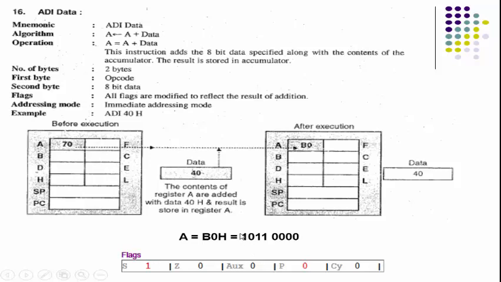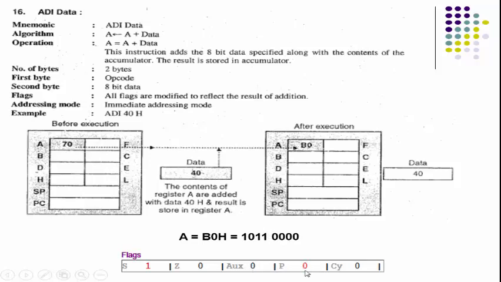So here due to this MSB bit, the sign bit is set. Zero flag bit is 0 because we are getting a non-zero result. In case of a zero result, at that time the zero flag is set. Auxiliary carry is 0 because there is no carry from lower nibble to upper nibble, or no carry forwarded from lower nibble to upper nibble, that's why it is 0.